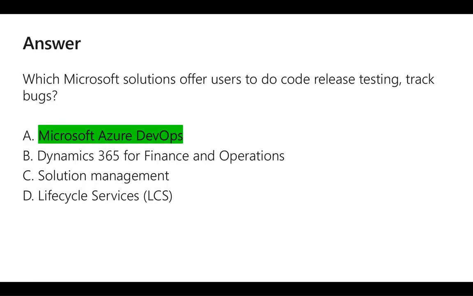The correct answer is A, Microsoft Azure DevOps. Azure DevOps is a primary tool which allows developers to deploy code releases from the assets library into cloud test and sandbox environments so that subject matter experts (SMEs) can use them for user acceptance tests.